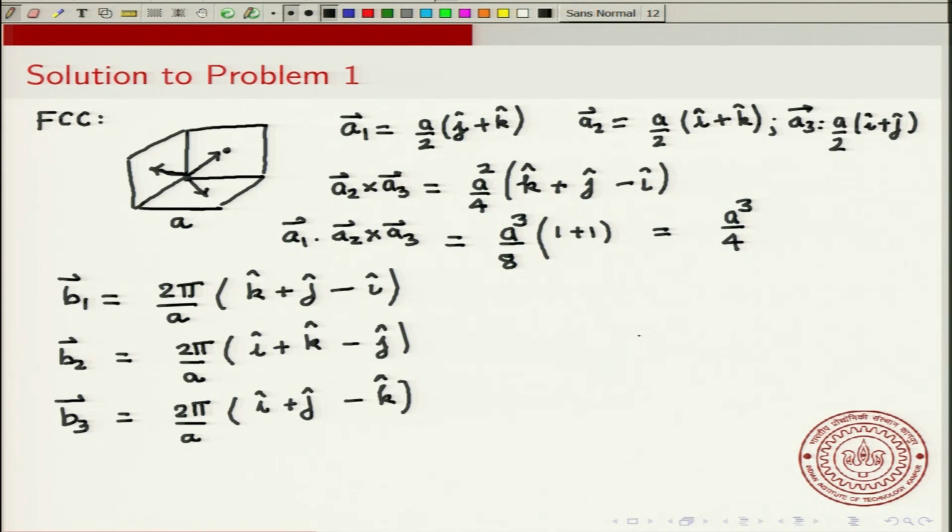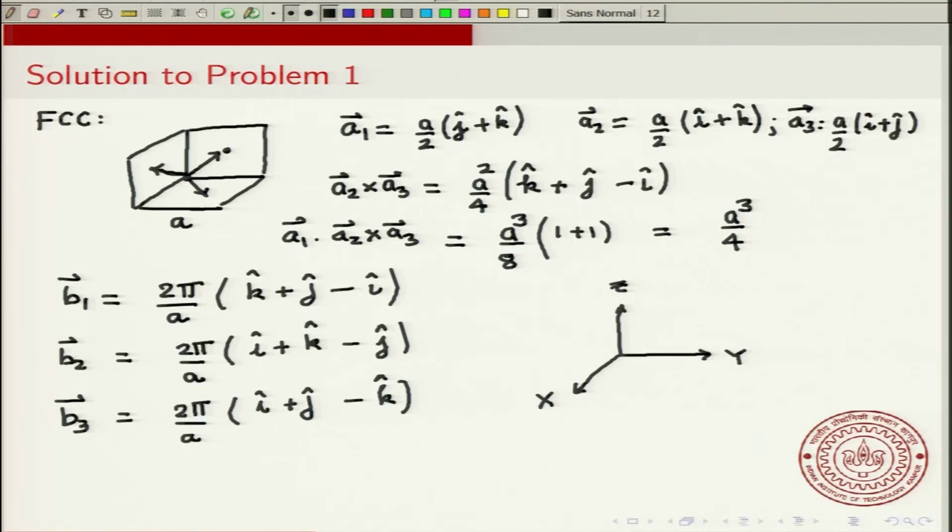So, what do these vectors look like? If you take k, and let me take this as x, this as y, and this as z axis, okay.